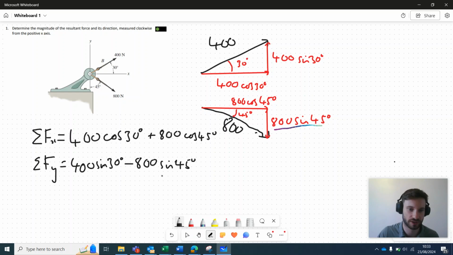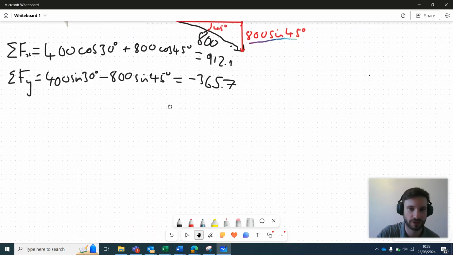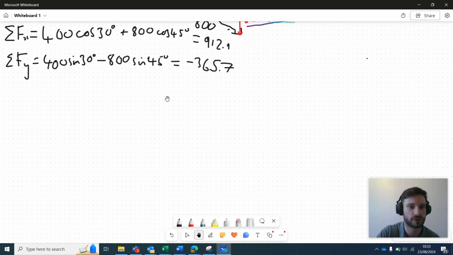So we subtract the vertical component here, and that leaves us with, I put this in my calculator earlier, 912.1 for the horizontal, and minus 365.7 for the vertical. Okay, wonderful. We have our horizontal and vertical components of our resultant force.